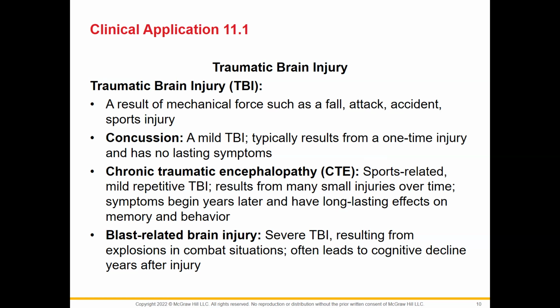So blast-related brain injuries will often lead to cognitive decline years after the injury because of, again, the size of the blast, those blast waves physically pushing on the brain, causing the brain injury itself, and because the brain could hit the side of the skull, leading to damage that can scar over time, that can cause those cognitive declines.